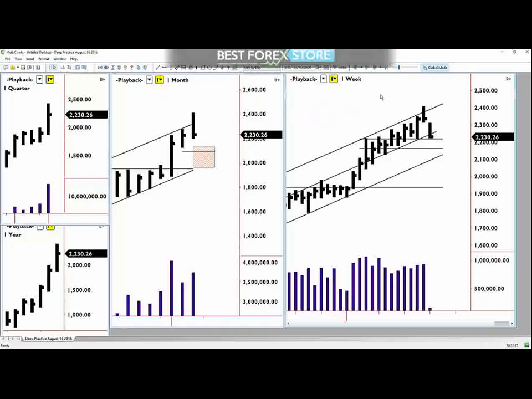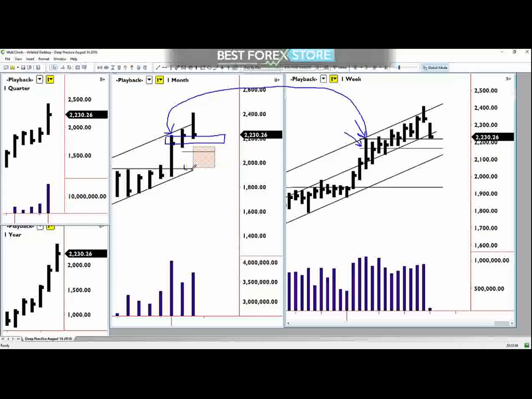So now, if this line is important, or this line is important, really what we're talking about is the high of this bar, right? So coming into this area in here, if this market holds up higher, that could be fairly significant.